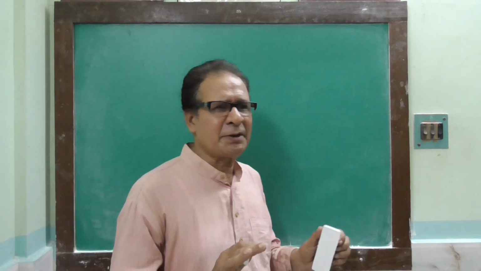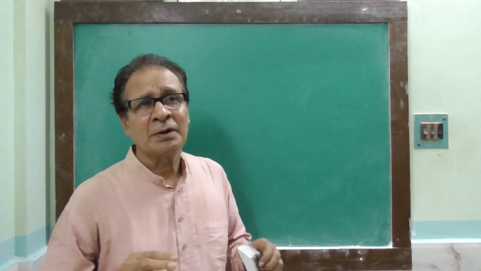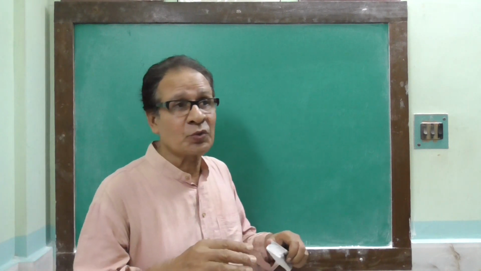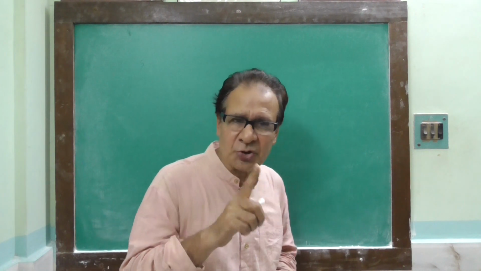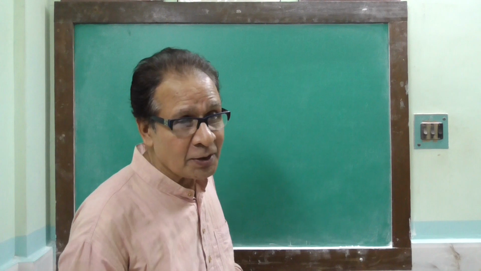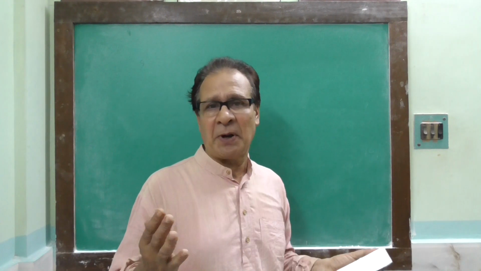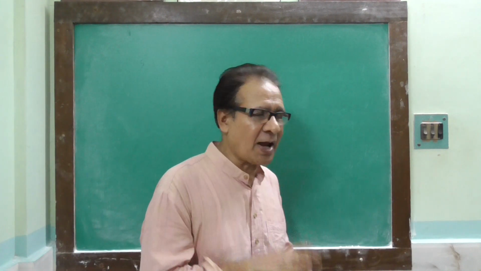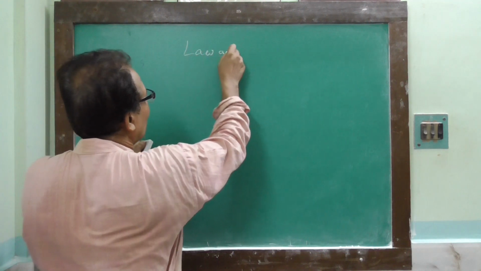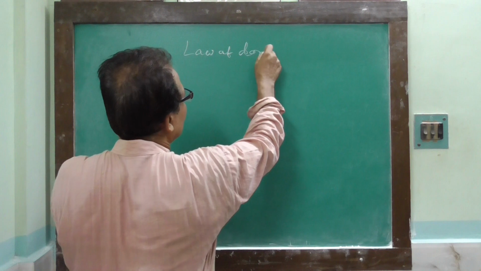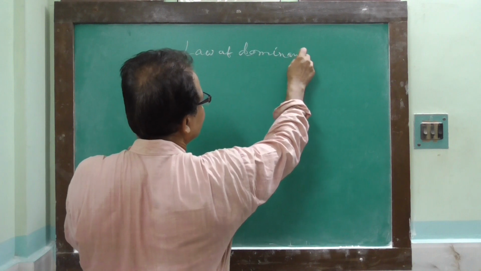Mendel experimented with 7 characters with their contrasting traits, and from his monohybrid crosses he proposed a principle which is termed the law of dominance.